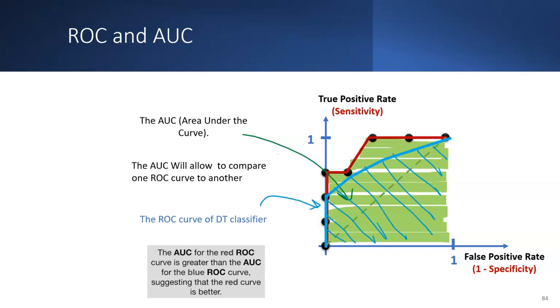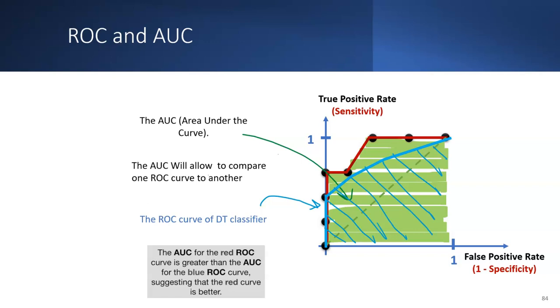The AUC for the red ROC curve is greater than the AUC for the blue ROC curve. So we have two AUCs: one for the red one, which is the upper one, and one for the blue one, which is the lower and shorter one, while the red one is bigger.